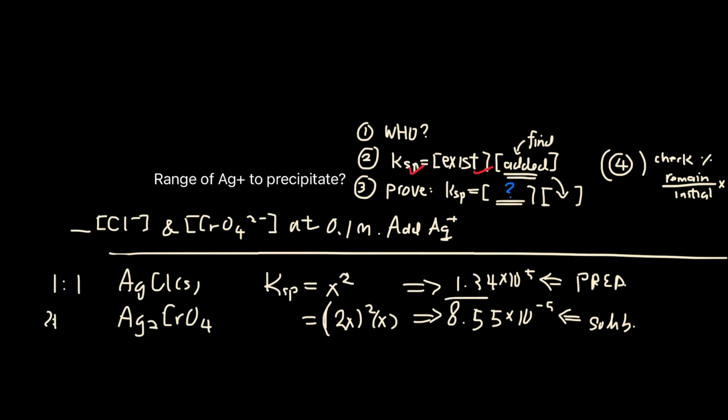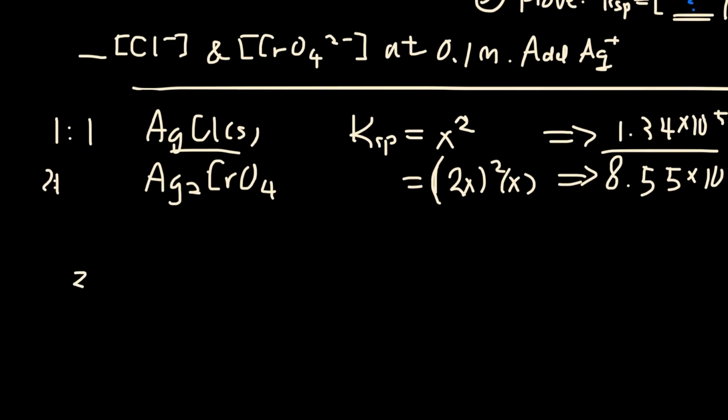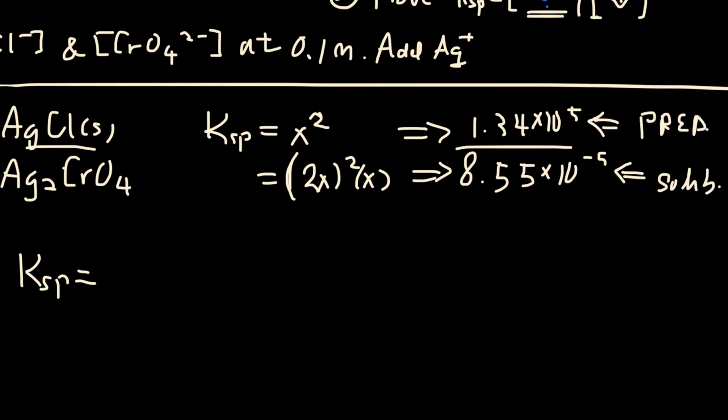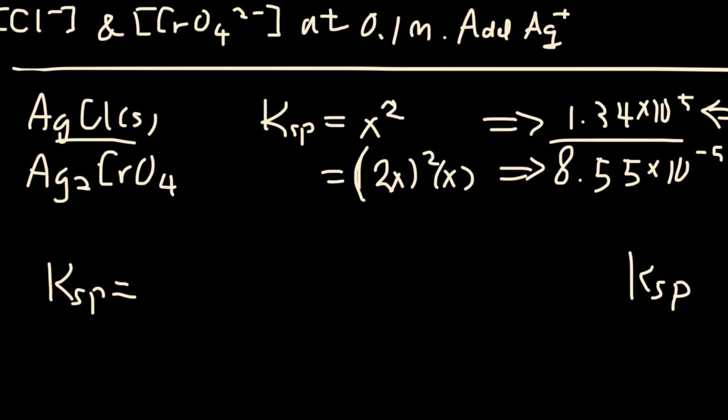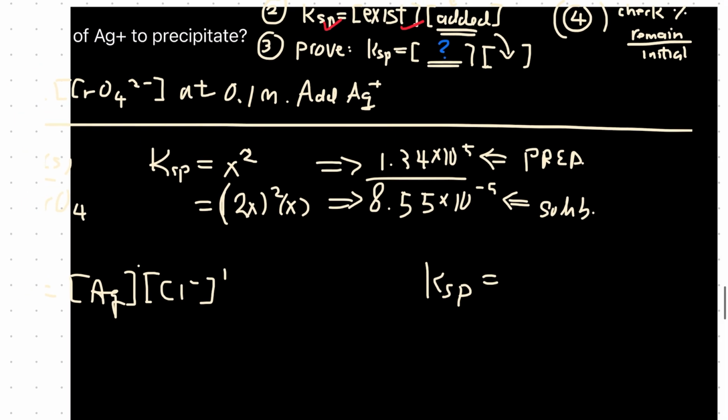Now, having found who will precipitate first, next we have to answer the question, what is the range of silver ions needed to precipitate the minimal amount of silver chloride and the maximum amount of silver chloride? The process is very mechanical and simple, provided that you don't make weird errors like forgetting their powers.